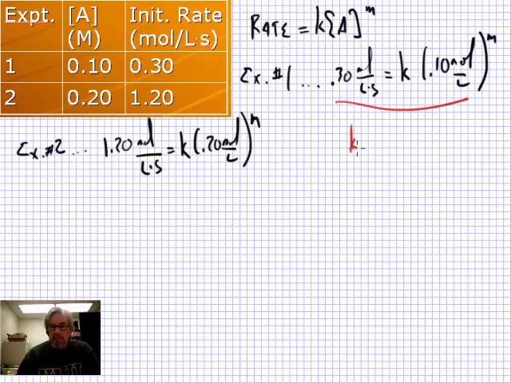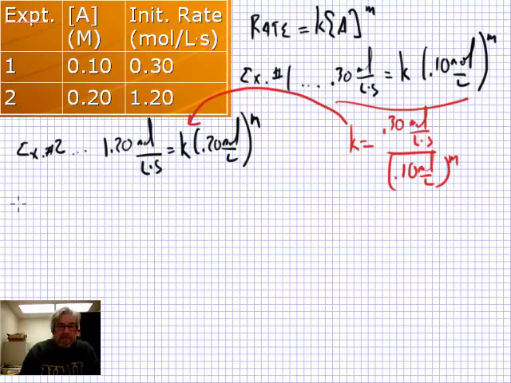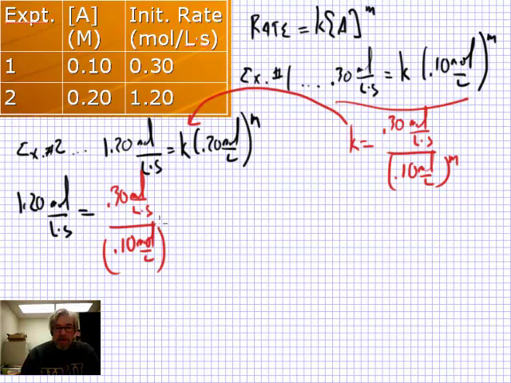So K is going to be equal to 0.30 moles per liter second divided by 0.10 moles per liter, and that's raised to the m power. And now we're going to substitute that K into the other equation. So rewriting the equation for experiment number 2, 1.20 moles per liter second is equal to, substituting K now, 0.30 moles per liter second divided by 0.10 moles per liter raised to the m power times 0.20 moles per liter, again raised to the m power.